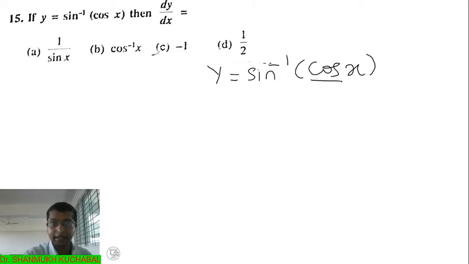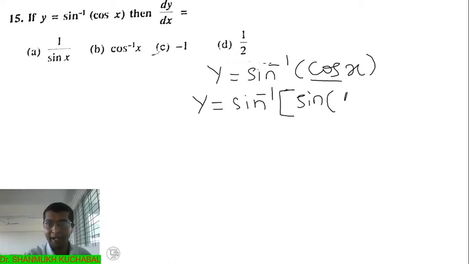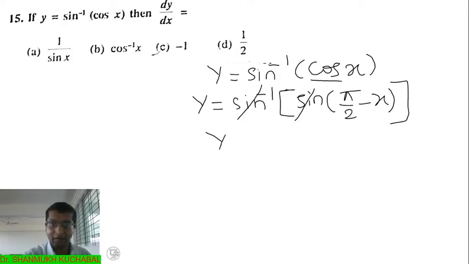So that can be written, using allied angle formulas, as sine inverse. Cos x is written as sine of pi by 2 minus x. So now sine and sine inverse get cancelled, y equal to pi by 2 minus x.